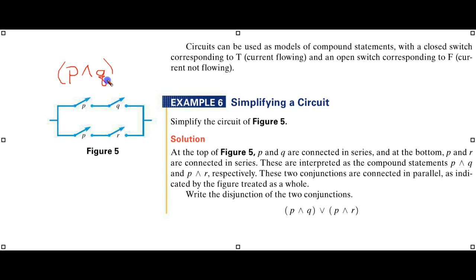Put that in parentheses if we'd like. And to get this one to work, we would need P and R. Now, if one of these is true, then we're in good shape. So we can then say or as a combination of these two. So this is where we are.